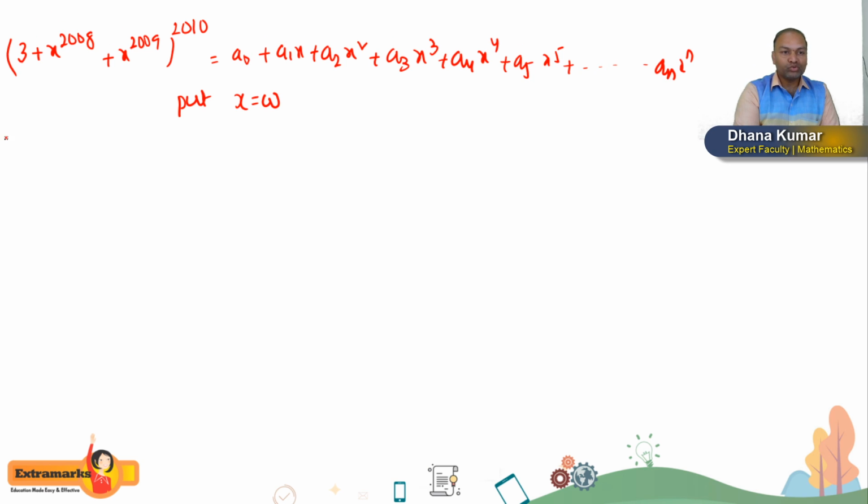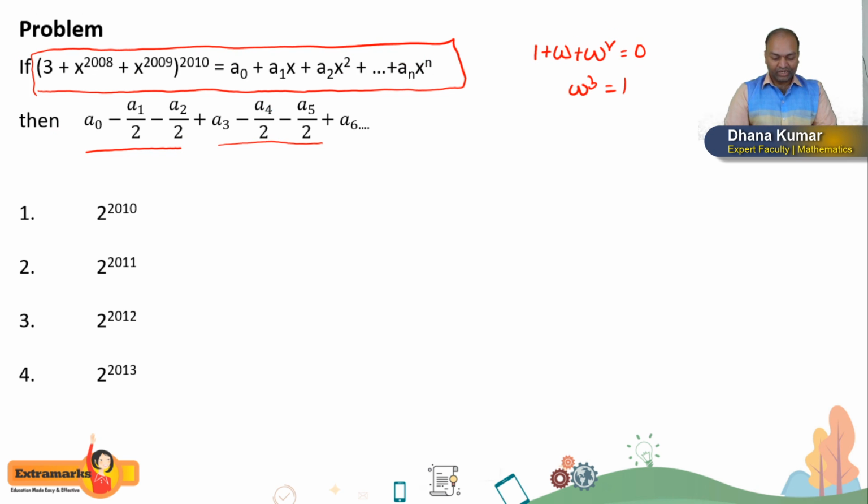Then what will happen, you see, 3 plus omega power 2008 plus omega power 2009 whole power 2010. Okay. So that is equal to what? Right side also you substitute. Fine.